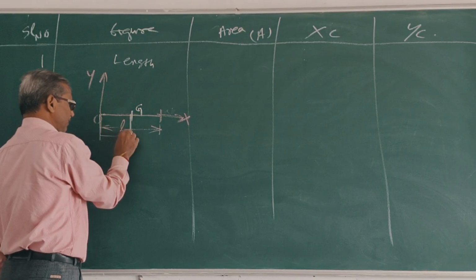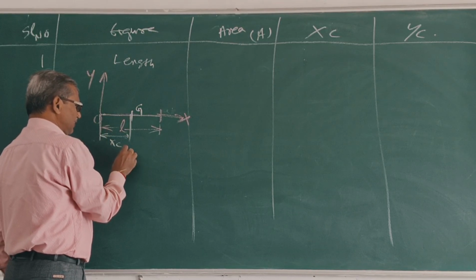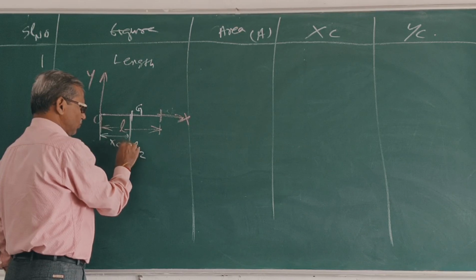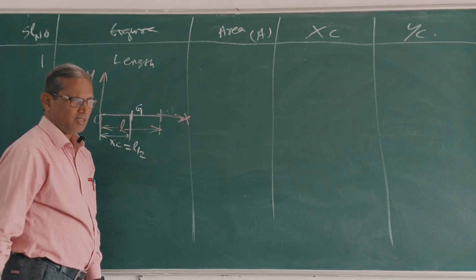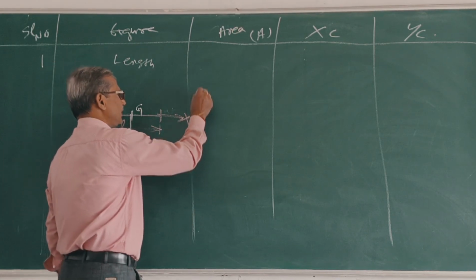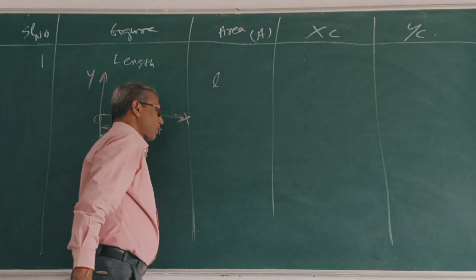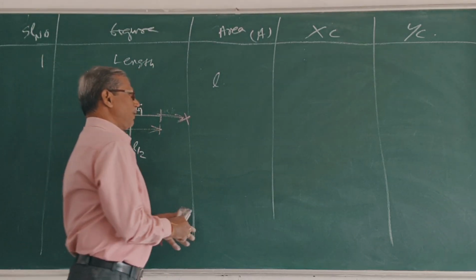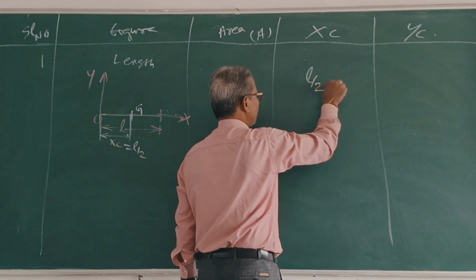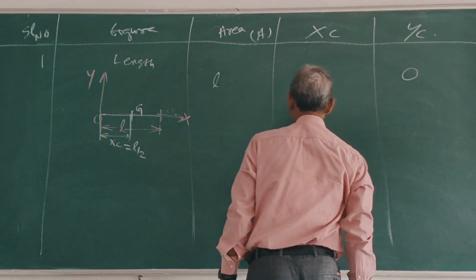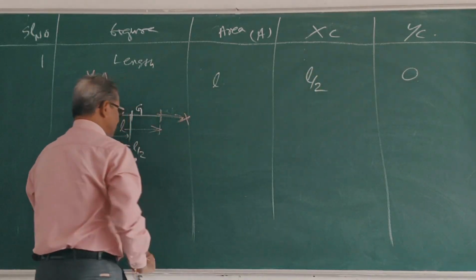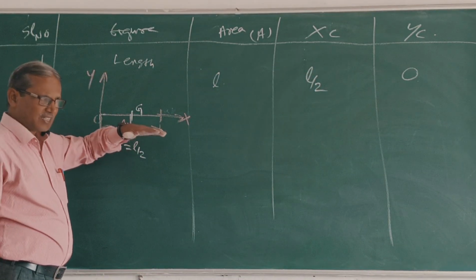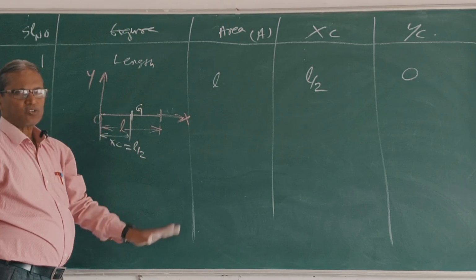So this is XC. What is XC equal to? L by 2. Clear? Here all length L. What is XC? L by 2. What is YC? 0, because the CG lies on the x-axis. So YC is equal to 0.